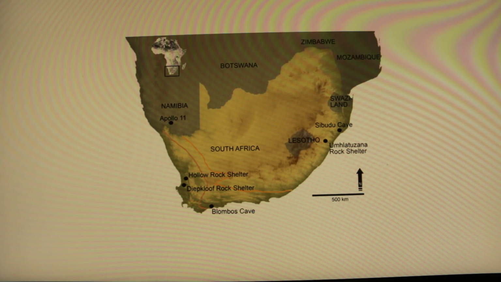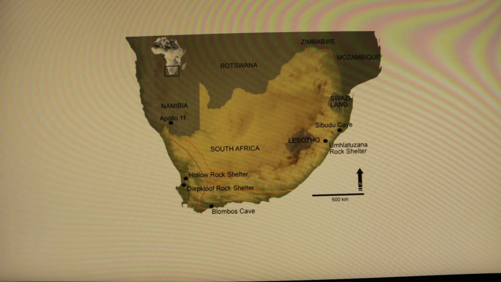These were discoveries because of the fact that the artworks were exposed on rock walls, and so they're vulnerable to weather and harsh climates, and they're hard to date.